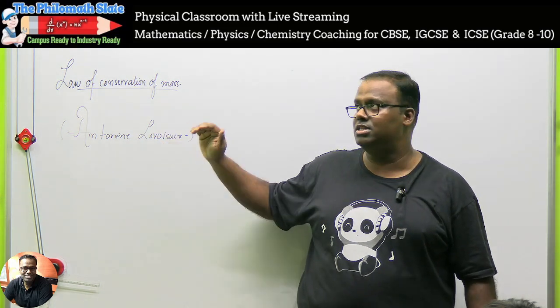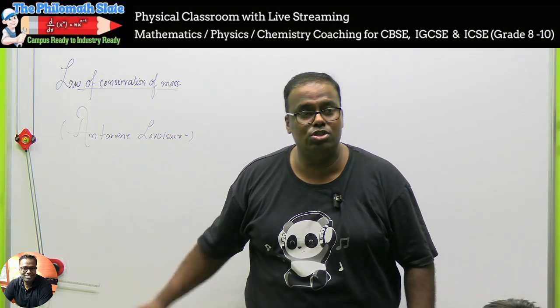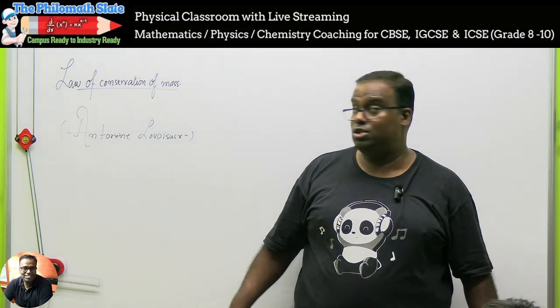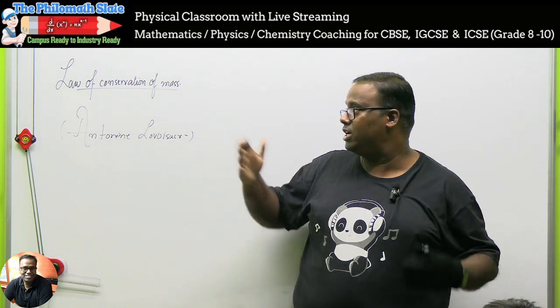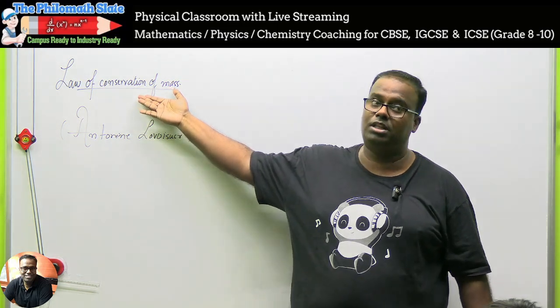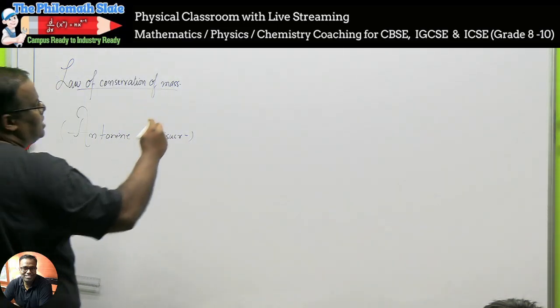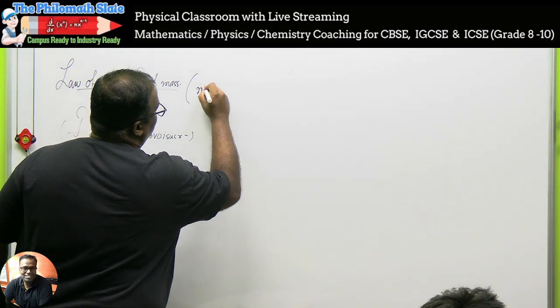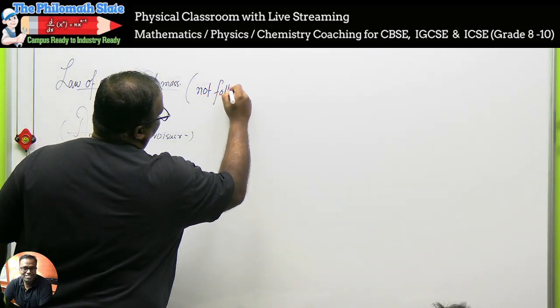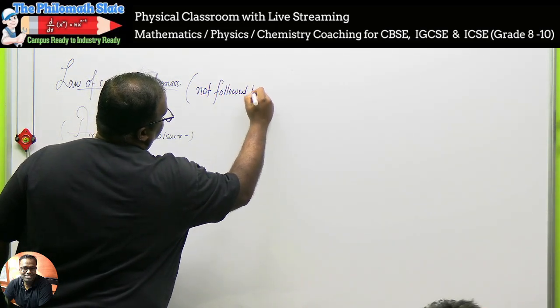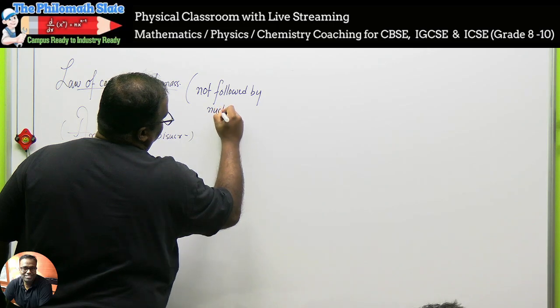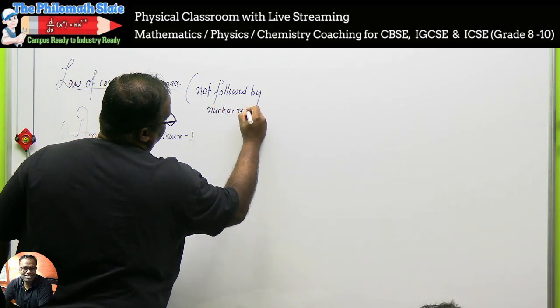Now the question arises: nuclear chemistry was not known at the time. So nuclear reactions do not follow this. Your book doesn't write this, so keep it in mind. This law of conservation of mass is not followed by nuclear reactions.